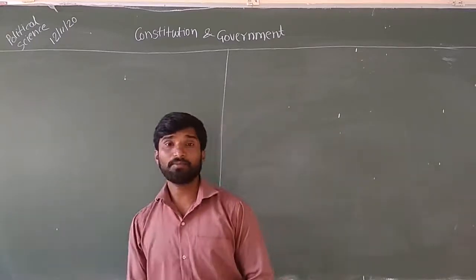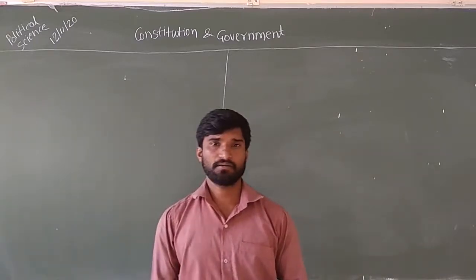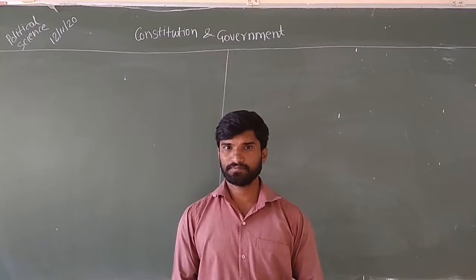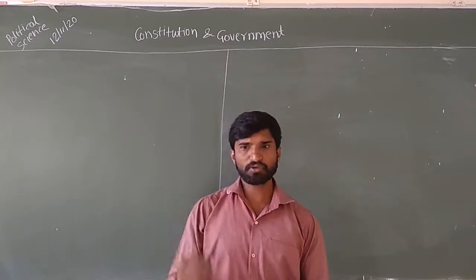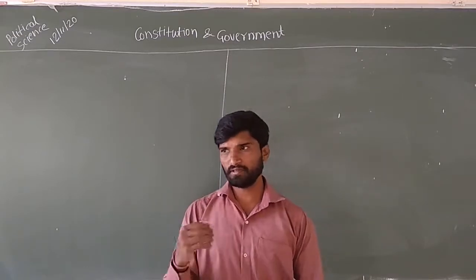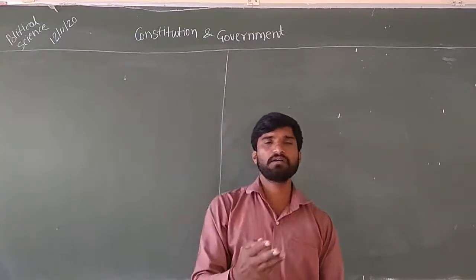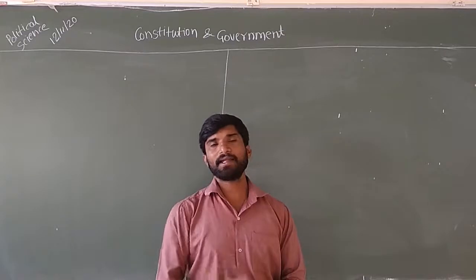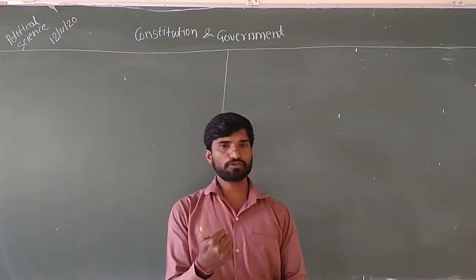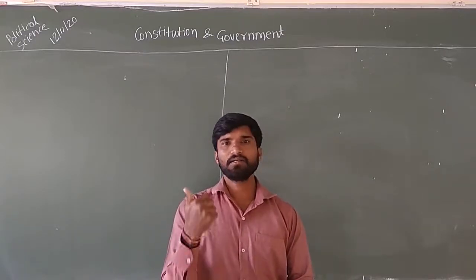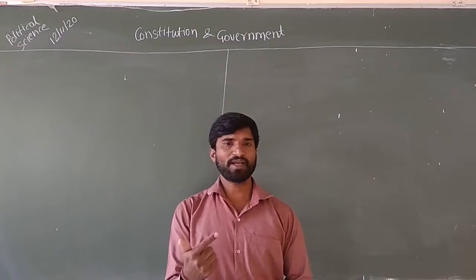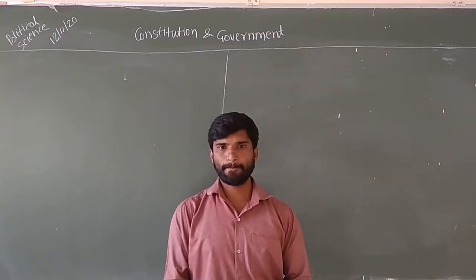Then democratic and dictatorial. Democratic government is found in India. Dictatorial government was found in Germany and Italy. Germany was ruled by Hitler, and Italy was ruled by Mussolini.